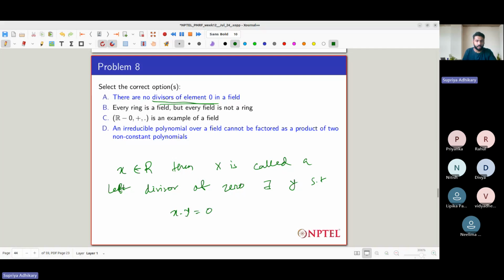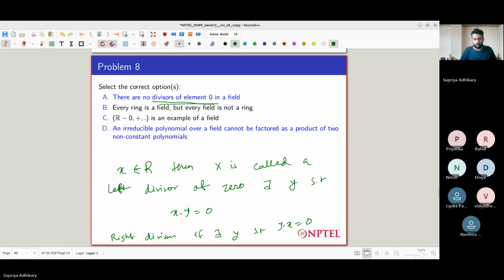That is, if we multiply x from the left hand side with y, then this will give us 0. And similarly, it will be called a right divisor if there exists some y such that yx is equal to 0. That is, if we multiply x from the right hand side of y, then that will give us 0.